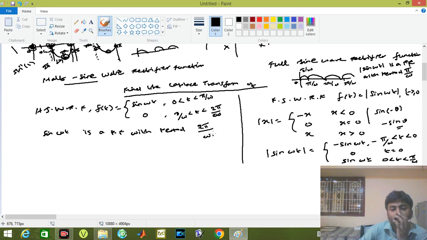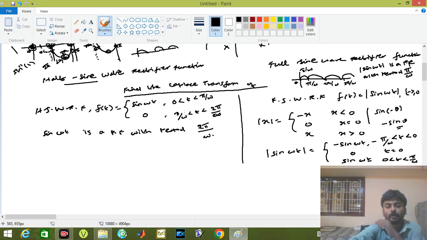Okay, you can easily identify the period from subtracting 0 from this 2 pi by omega, or by adding this 2 pi by omega. Okay, pi by omega plus pi by omega will give you 2 pi by omega. But the actual way of finding a periodic function is like the above.